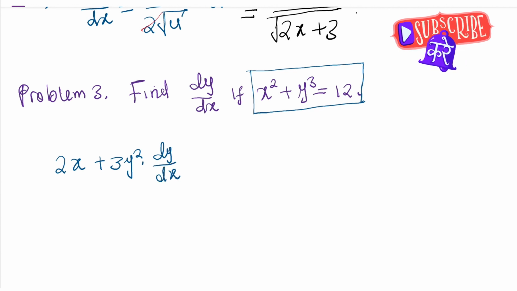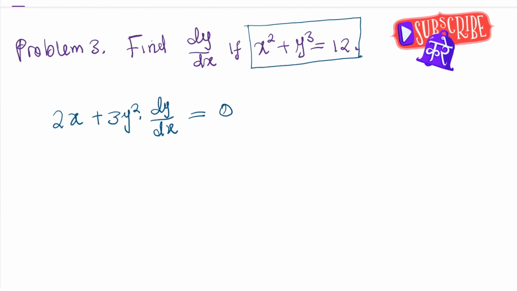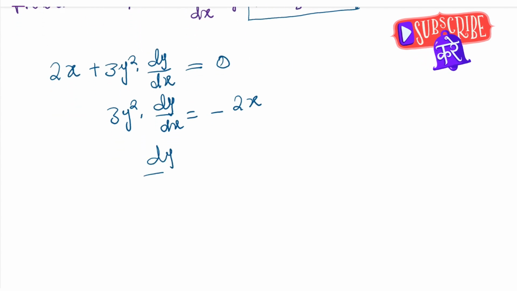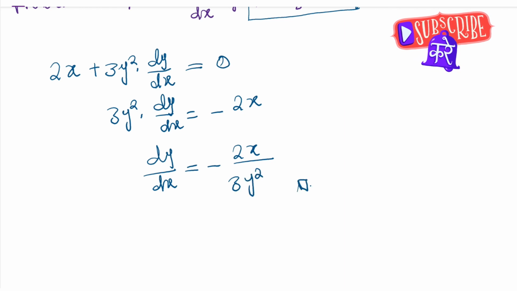Remember, y is a function of x. That is why we are multiplying by dy dx by the chain rule. And this is equal to 0, the derivative of a constant. So therefore, 3y squared multiplied by dy dx is equal to negative 2x. We can divide throughout by 3y squared so that we have negative 2x divided by 3y squared, and we are done.